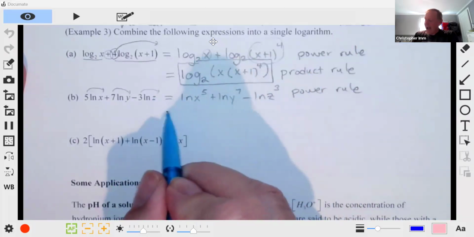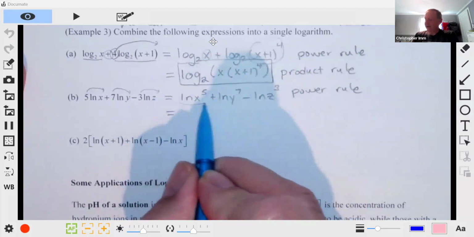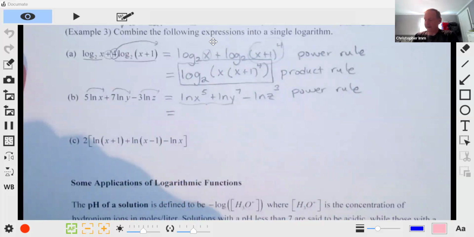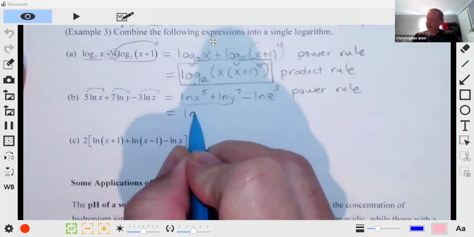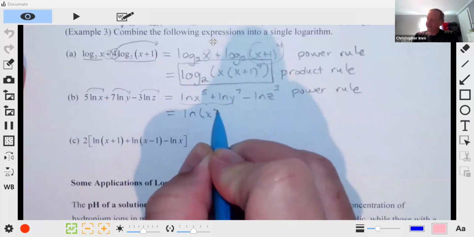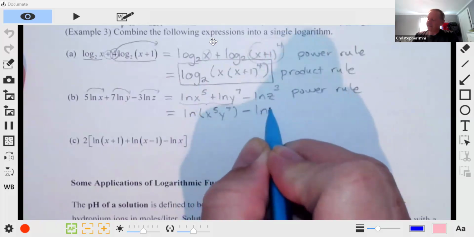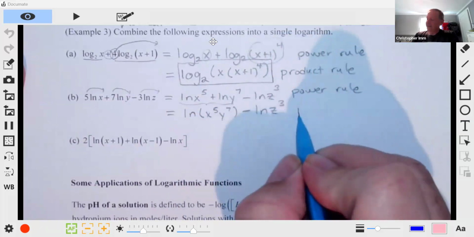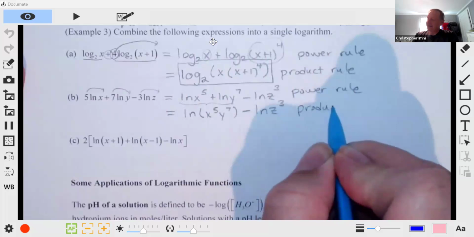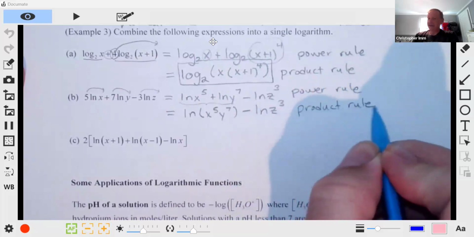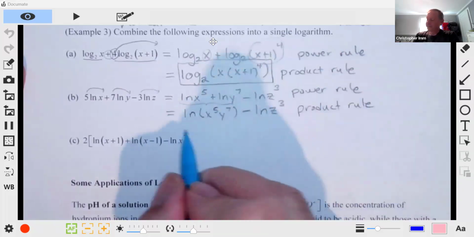Next, I'm adding these two together, so I can go ahead and use the product rule to put these together into one log. I'll have natural log of x to the 5th times y to the 7th minus natural log of z cubed. And I'm using that product rule because I'm adding those and I'm putting them together in terms of one log.